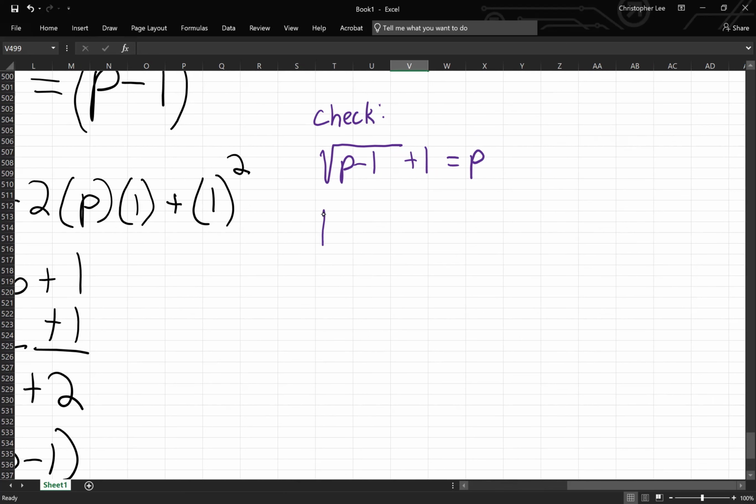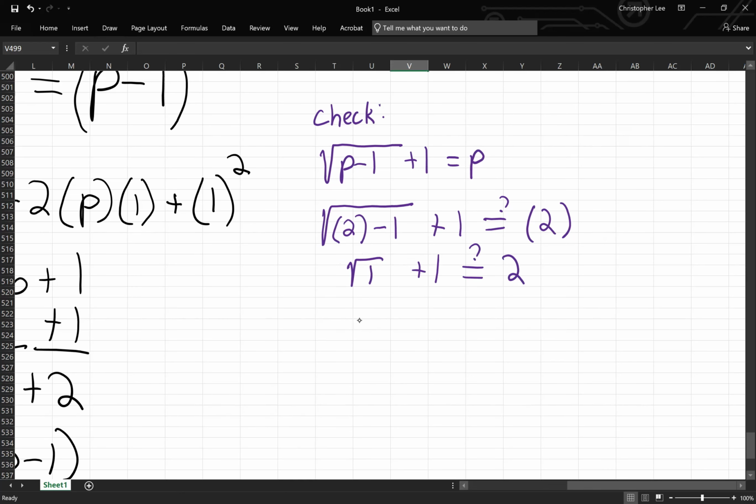So I want to know if square root of 2 minus 1, plus 1, allegedly, is equal to 2. I don't know, right? So let's see. 2 minus 1, this is square root of 1 plus 1, allegedly. That's equal to 2. I don't know. 1 plus 1, in some countries, they say that that's 2. But over here, we know that 2 is equal to 2, so we're good to go.